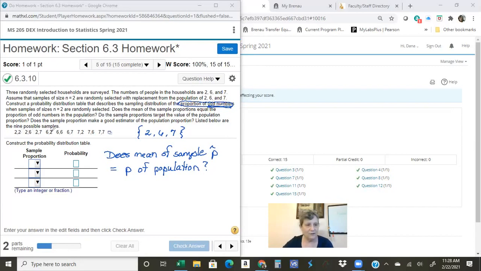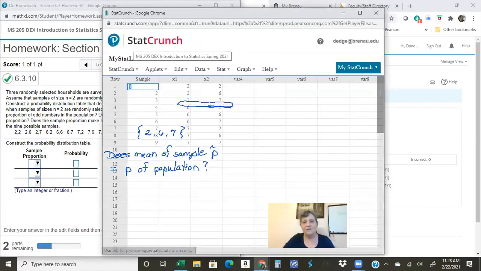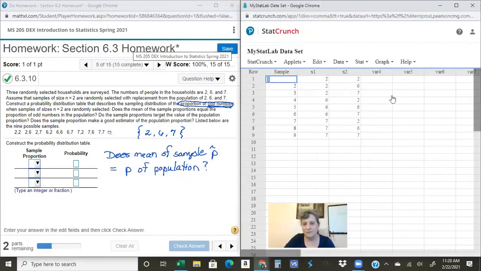So 1, 2, 3, 4, 5, 6, 7, 8, 9. Here are our samples. I'm going to go ahead and load this into StatCrunch, even though StatCrunch cannot calculate the proportions for us, because this way StatCrunch can calculate the mean of the proportions for us. So I label this column proportions.